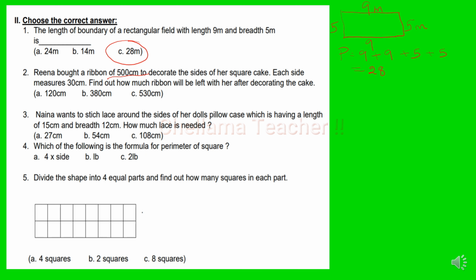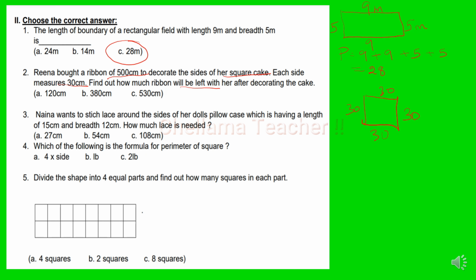After the decoration, how much is left? The remaining portion of the ribbon is asked. The cake side is 30 centimeter and it is a square shaped cake. So this is the cake, which is a square shaped cake, and each side is 30 centimeter.